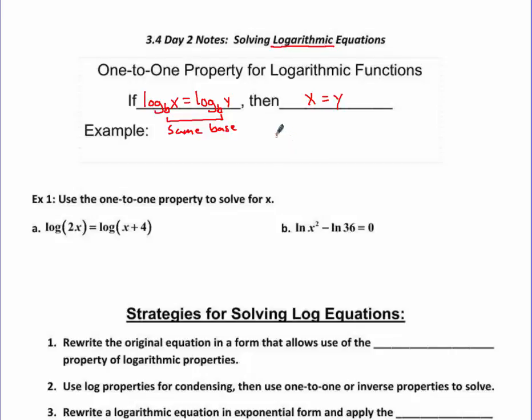So a quick example of that would be if we see log x equals log 3. Well, we know, even though we don't write it, that this is log base 10, and this is log base 10. So since our bases are the same, we can say that x equals 3 because that's all it could equal. x and 3 are the only things different in these two sides of this equation.